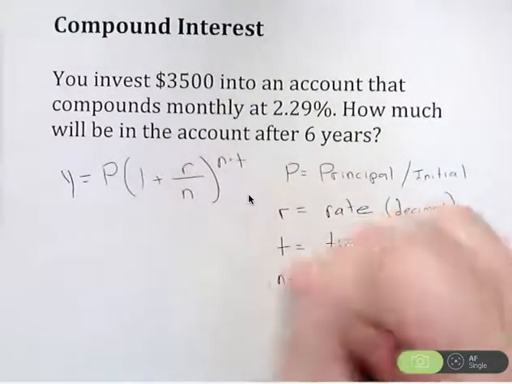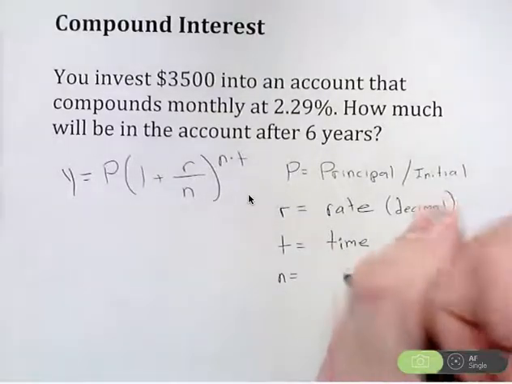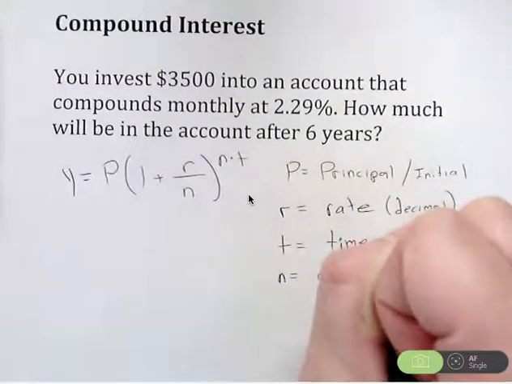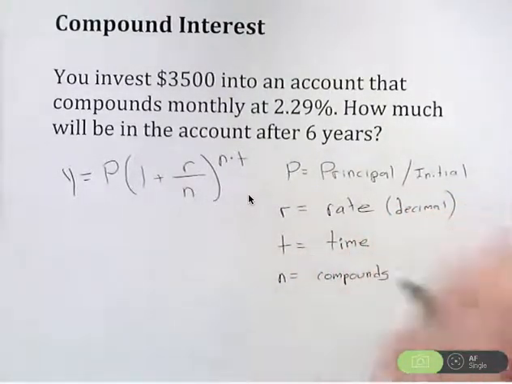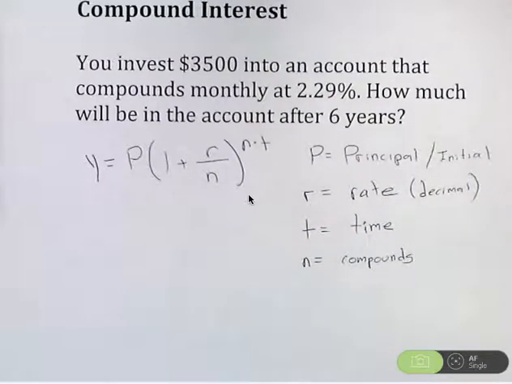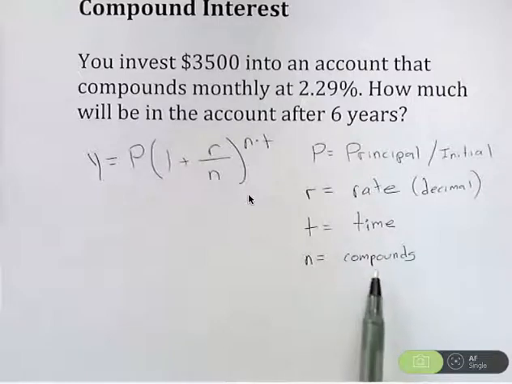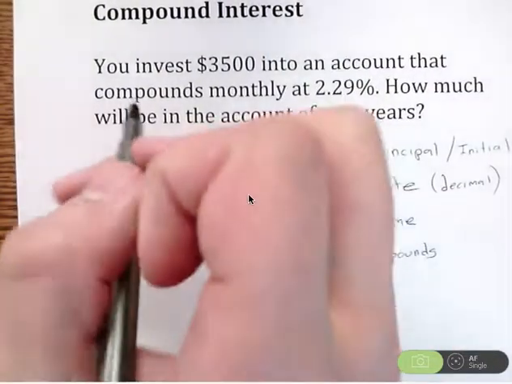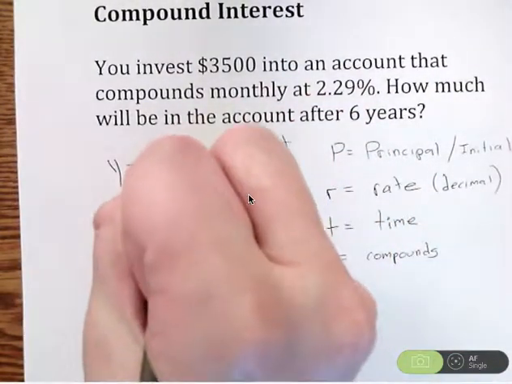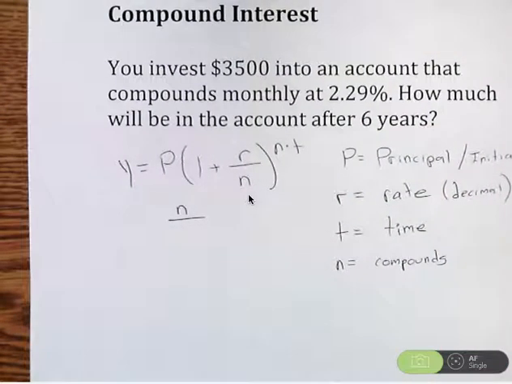And then N is the interesting part. N is the compounds. That one is a little bit interesting, and that's basically the only hard part of these problems. When you're looking at N, you're asking yourself, how many times are you compounding in a year? A lot of this has to do with paying attention to the vocab in the problem.